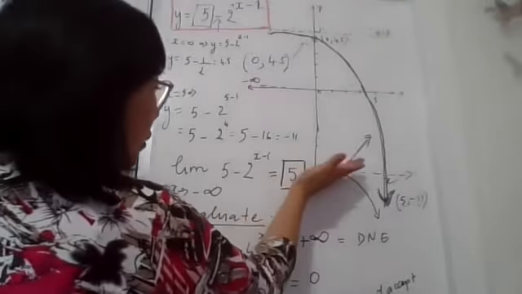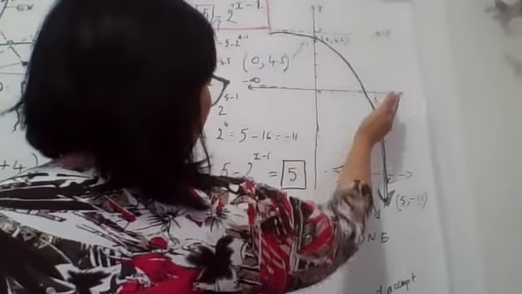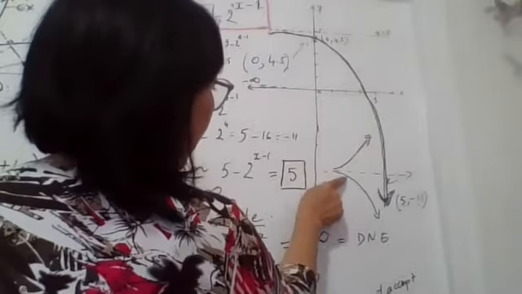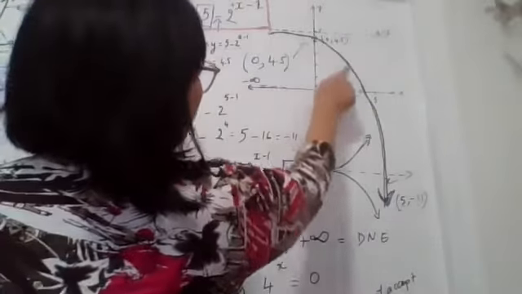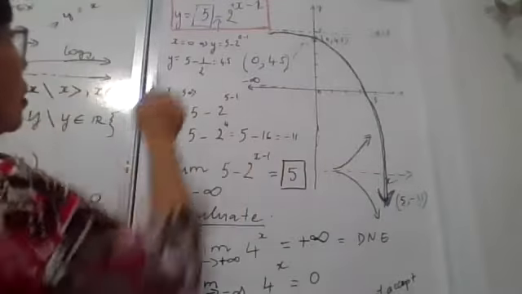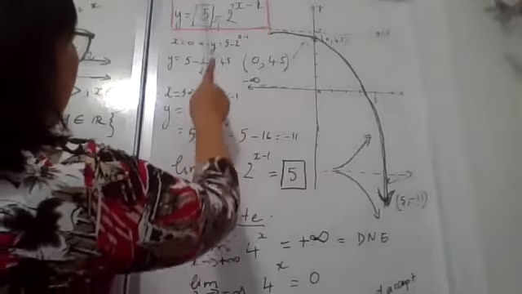So instead of the shape going the normal way, you reflect over the x-axis, and it becomes this shape.